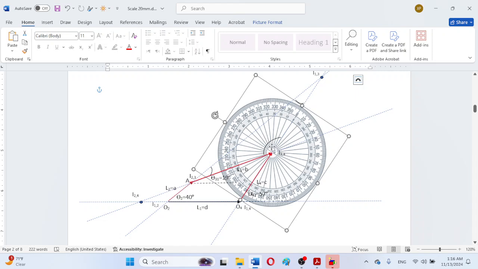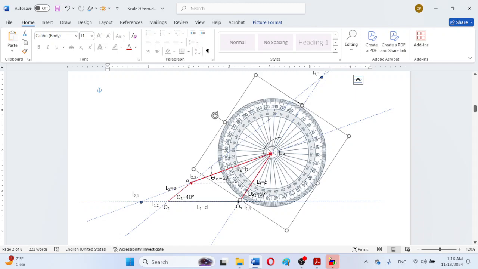So now the angle that we can calculate here: if we read the internal graduation markings, this is 0 degree, 10, 20, 30, 40, and here approximately is written 140.